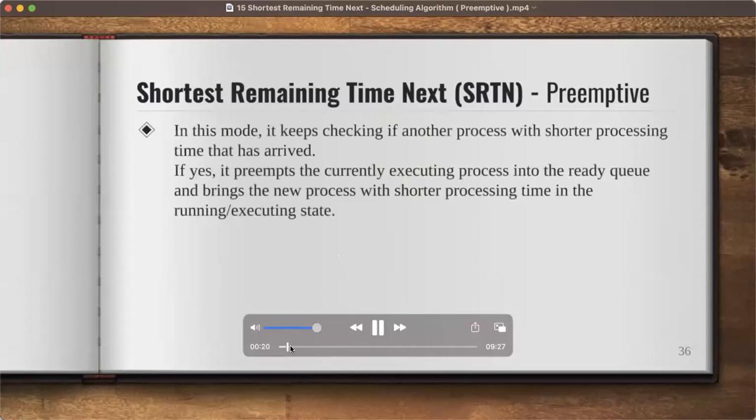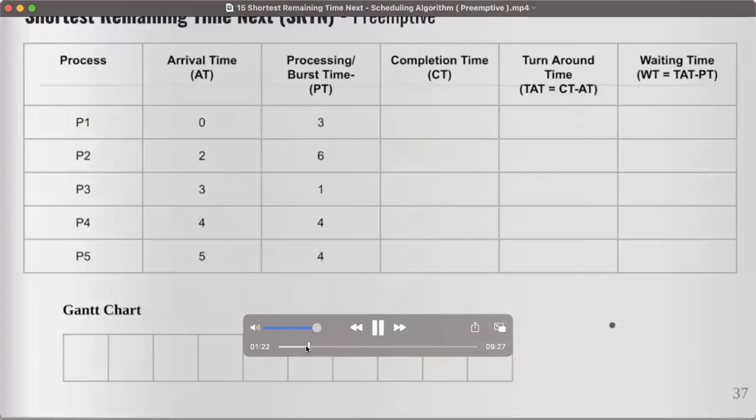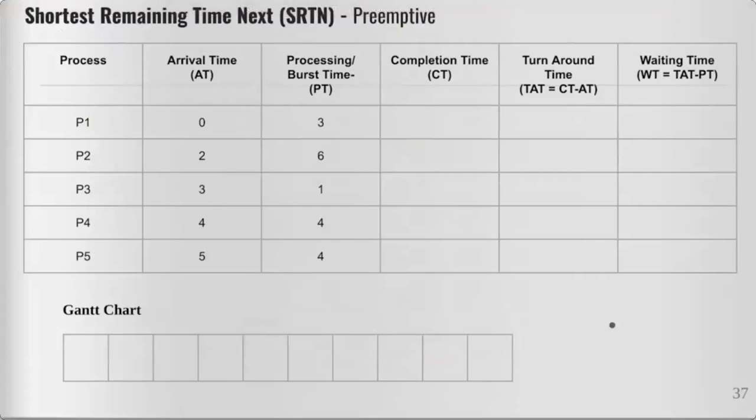Hello and welcome everyone. Checking all this stuff. Okay, so in the Gantt chart, what we're going to do is we'll start with the time interval of 0 and we'll see which process have arrived at time interval 0. So you can see P1 has arrived, there are no other processes that have arrived at the time 0. So arrival time of P1 is 0, so we put P1 first.